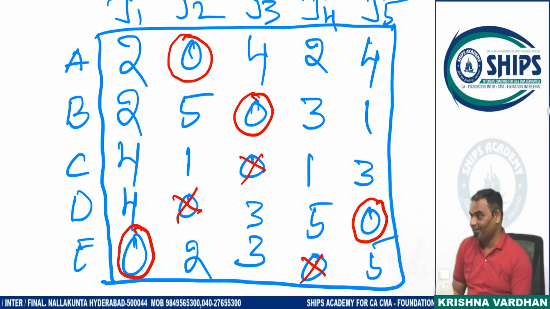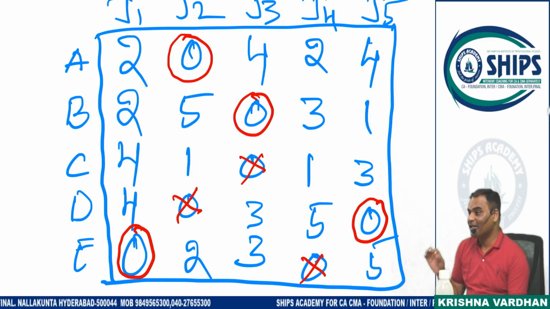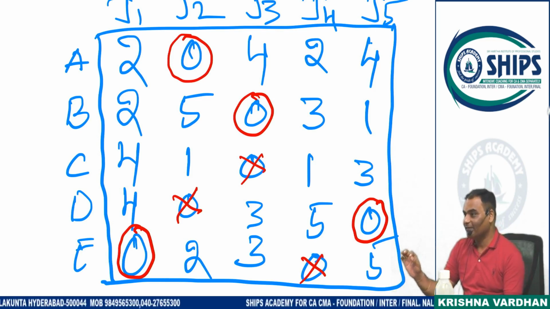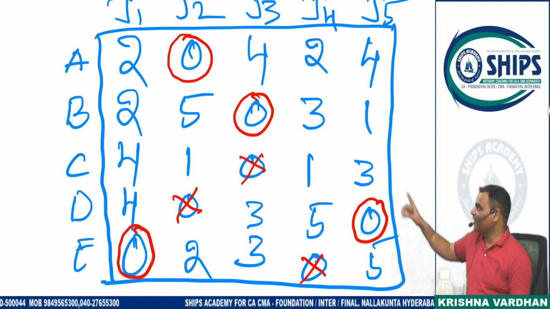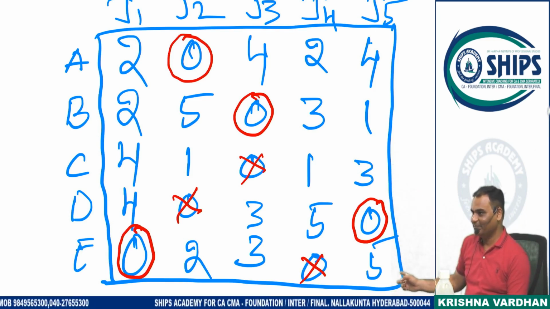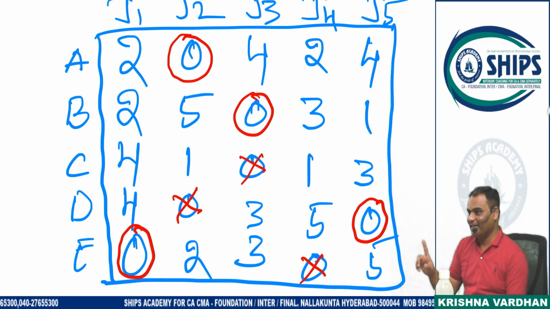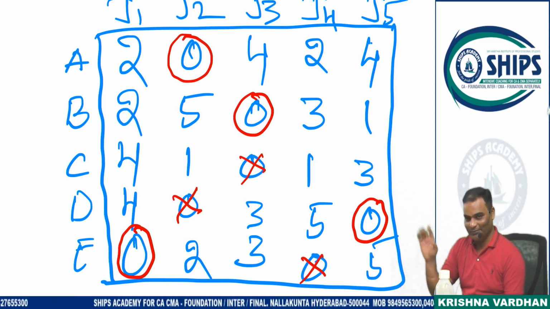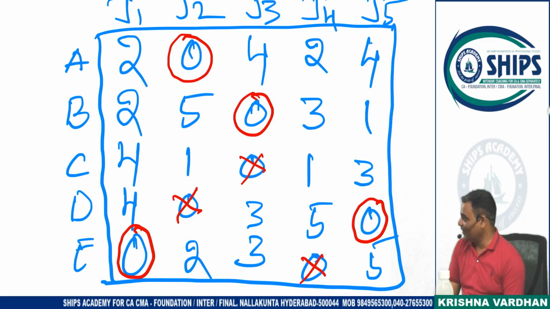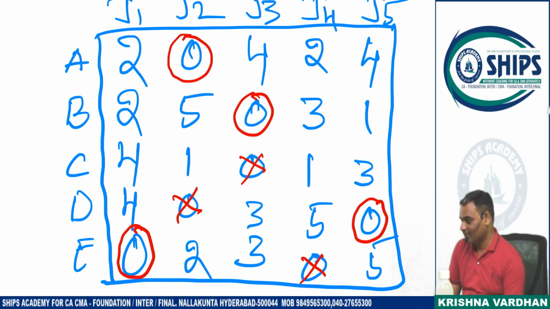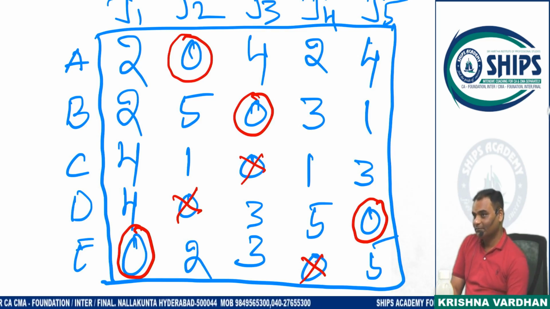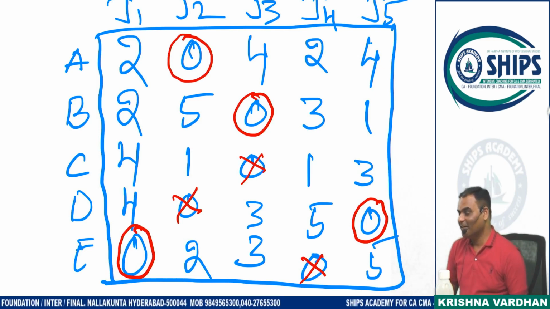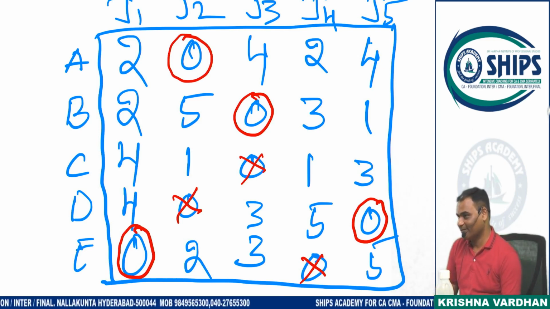Now in this step, remember, you should check whether you got the final answer or not. How will you know? Each row and column should have a single circled zero. Can you tell me, did you get an answer here? Are you sure? C doesn't have one, J4 doesn't have one. Then it means that the problem is not solved.